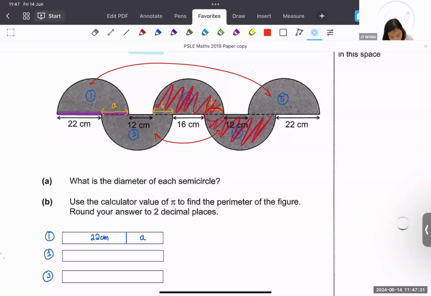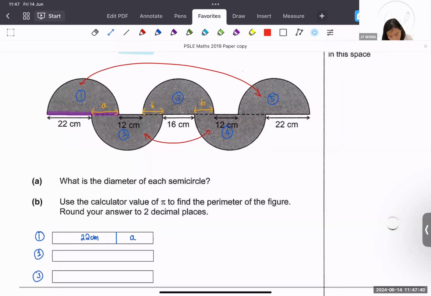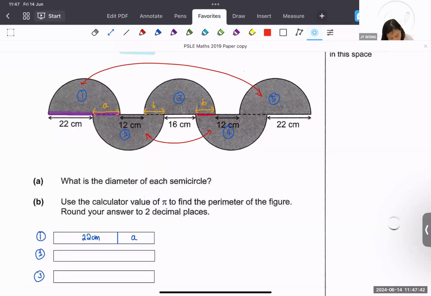They share the same B. So this part, from the second semicircle, is 12. The longer side is shared with the one with 22. Then here must be A, and this part must be B. So you have to be able to see the relationship between the semicircles.